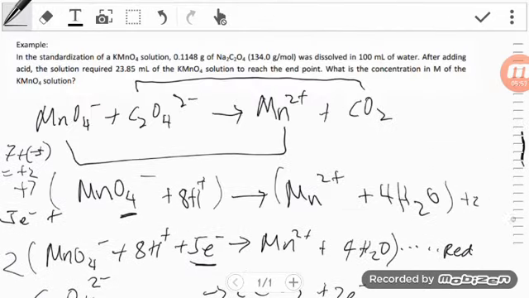And going back to our problem, it says we have 23.85 of the KMnO4. So this one, sodium oxalate, 0.1148.